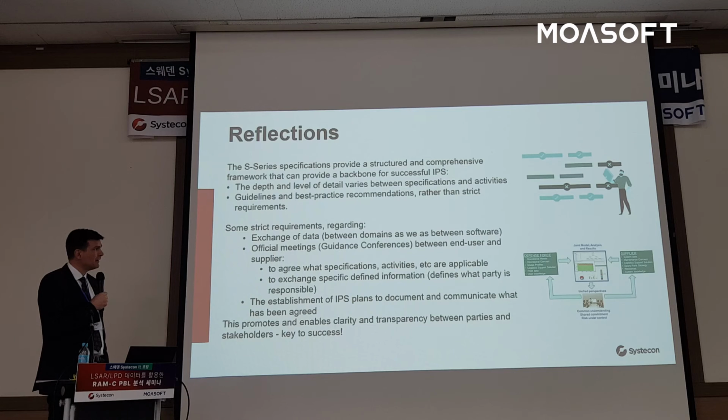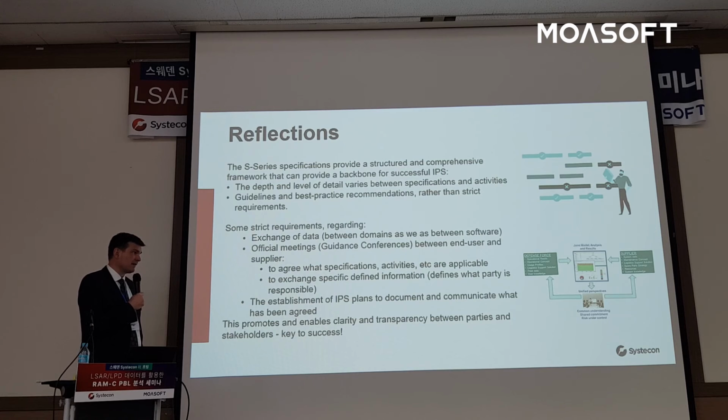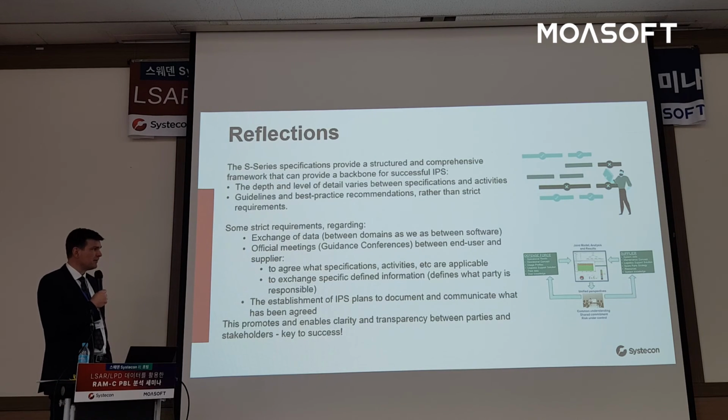So it also talks about these official meetings that have to occur, guidance conferences between the end user and supplier, to agree on what specifications and activities and so on are applicable, and also defines what information to exchange and what party is responsible.